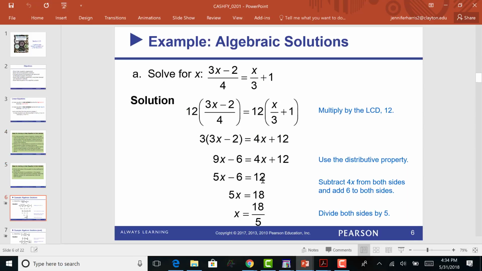So here is the first equation that's algebraic that you're going to solve for x. So when it says solve this algebraic equation, it wants you to get x by itself. Our goal is to get x by itself.